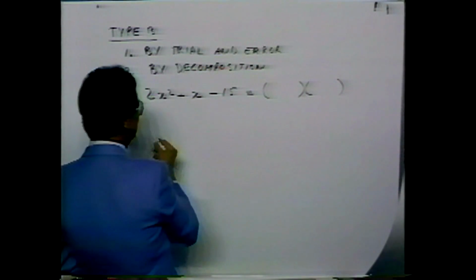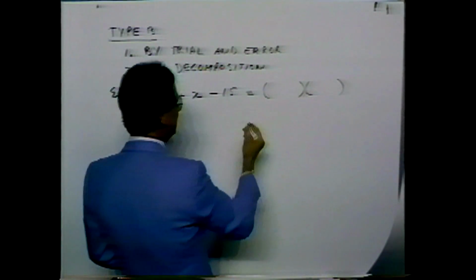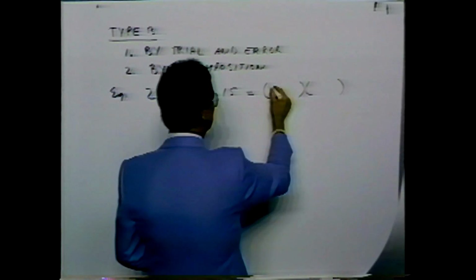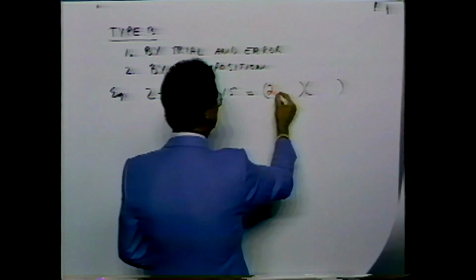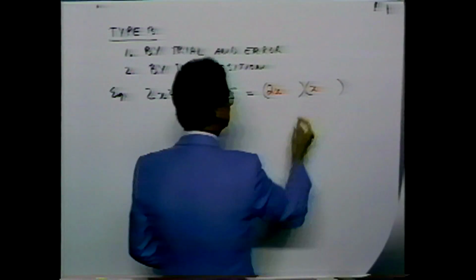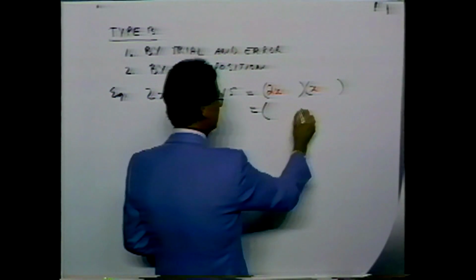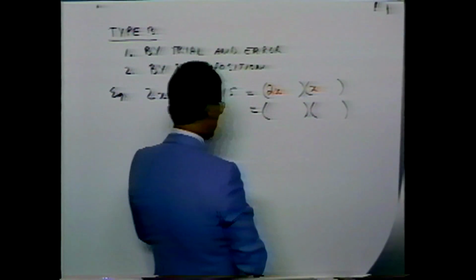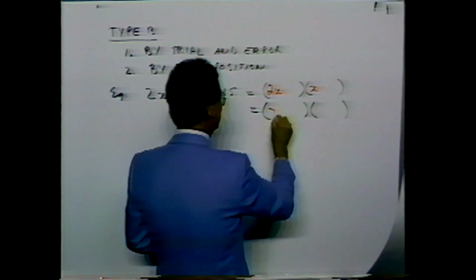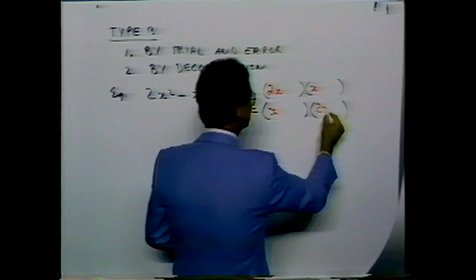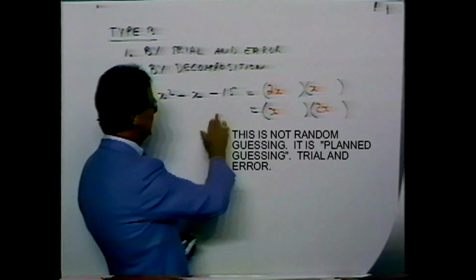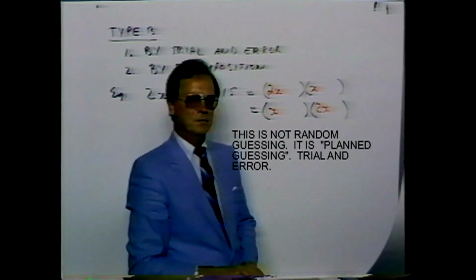Now, 2x squared can be obtained in several ways. You can have 2x here times x, and that is 2x squared, or you can have x to begin with and 2x over there. Now, there are several ways to get minus 15.